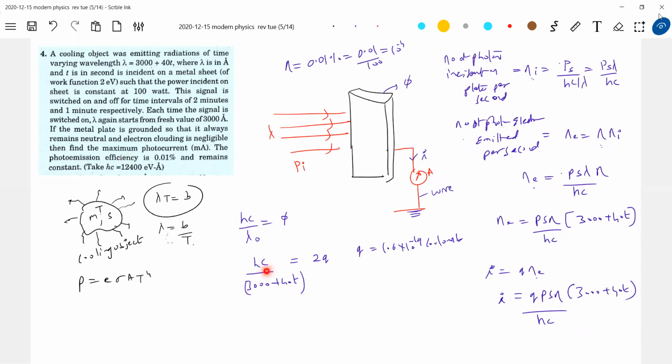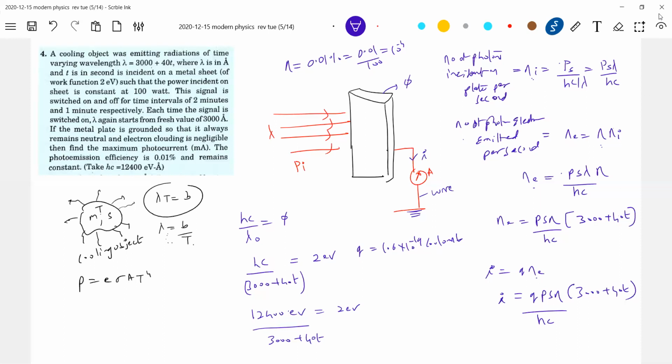I think one e will get cancelled, eliminated here. So this will be 12,400. Here one e is there, that will get eliminated with that. Let me write, this is electron volt, let it be. The value of hc is in eV.